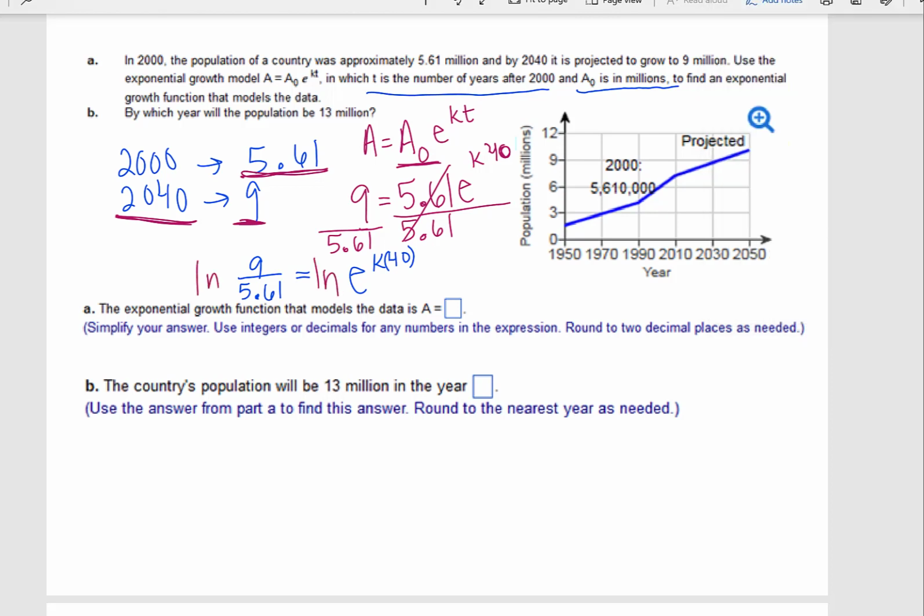And then the moment that I do that, when I take the natural log of E, it's equivalent to whatever the exponent is, correct? So I'm going to go ahead and move it down here. We have natural log of 9 over 5.61. I'm not even going to try to simplify that and get some crazy decimal. I'm going to put 40K.